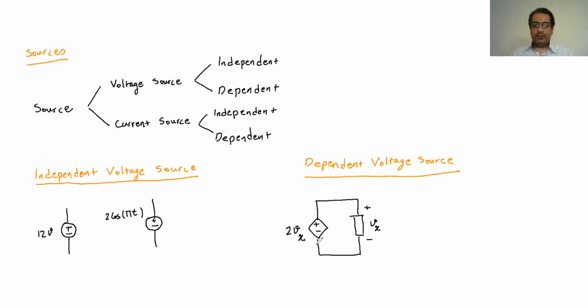The value this source gives us depends exactly on how much voltage we have in this element. Look here, this is not the case for this one. In this one, regardless of what we connect to those ends of that source, it always gives us 12 volts, no matter what I connect to those two ends. But here, it depends on what I connect to those two ends. Depending on what we have here, this one is going to change.